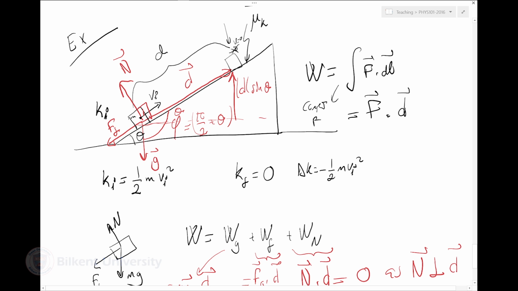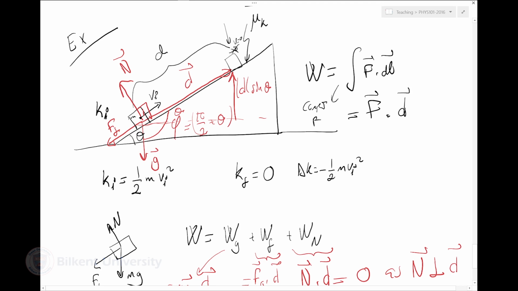It's going to be mu k times N. N is equal to mg cosine theta, so it's going to be mu k mg cosine theta. Let's write it here. Overall, 1/2 m v i square is minus mg sine theta plus mu k mg cosine theta times d.